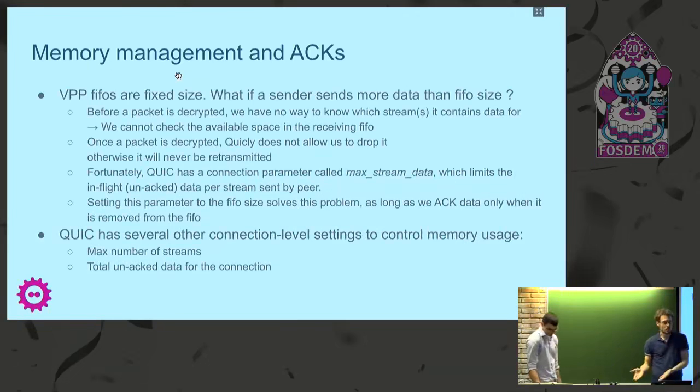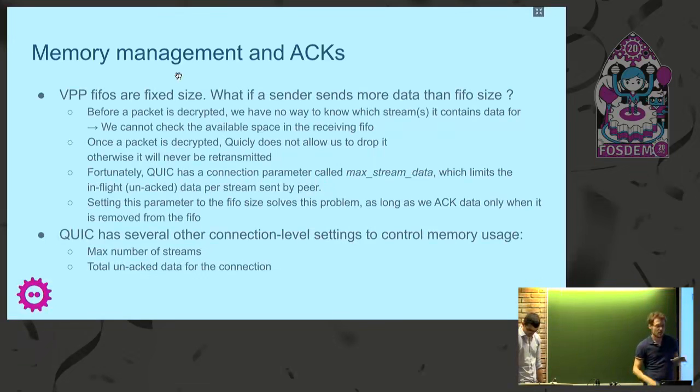So if you drop the data, the data will never be retransmitted, which is quite sad for congestion control for that type of protocol. But fortunately, we have a connection parameter called max stream data that communicates between the peers the maximum amount of data that you can send unacked on a stream, and that allows us to control that, setting it to the maximum FIFO size.